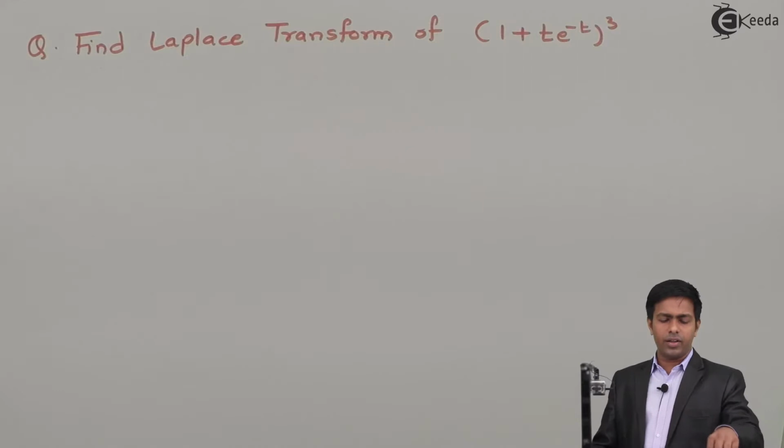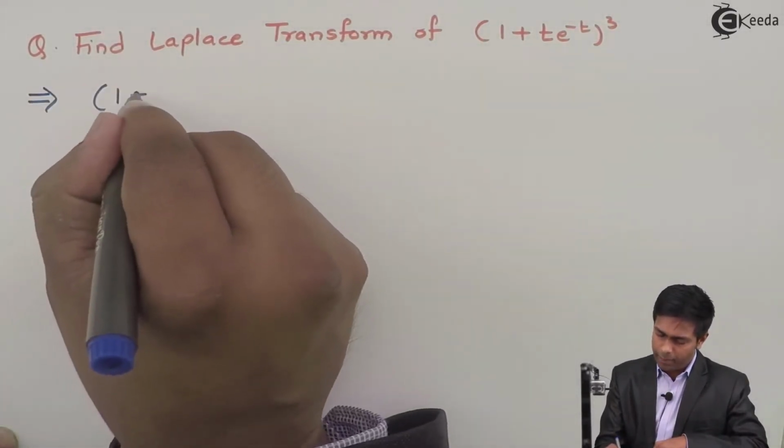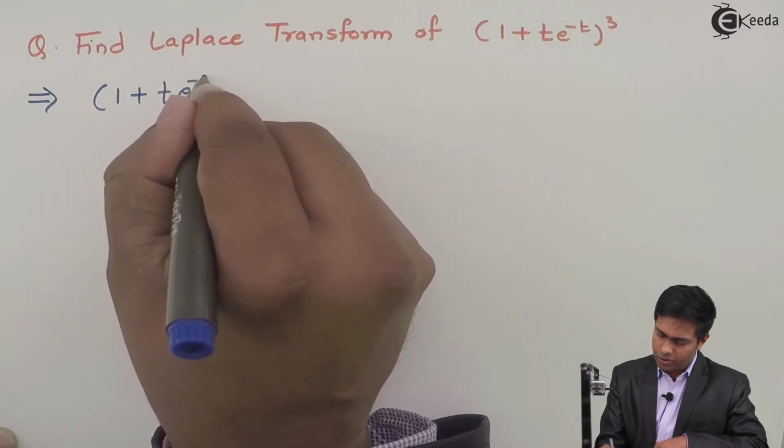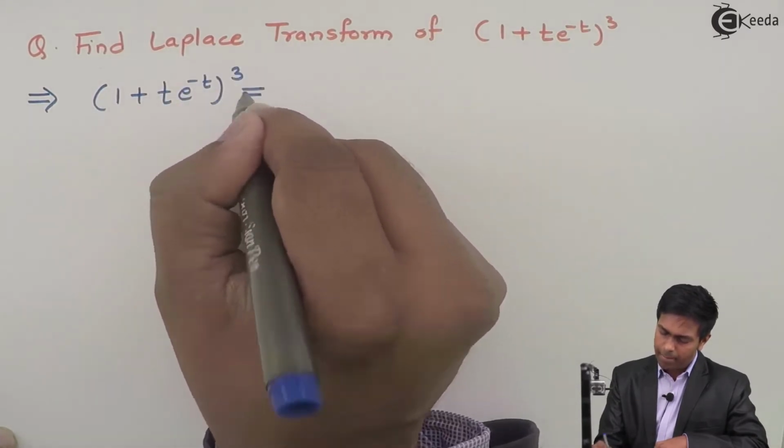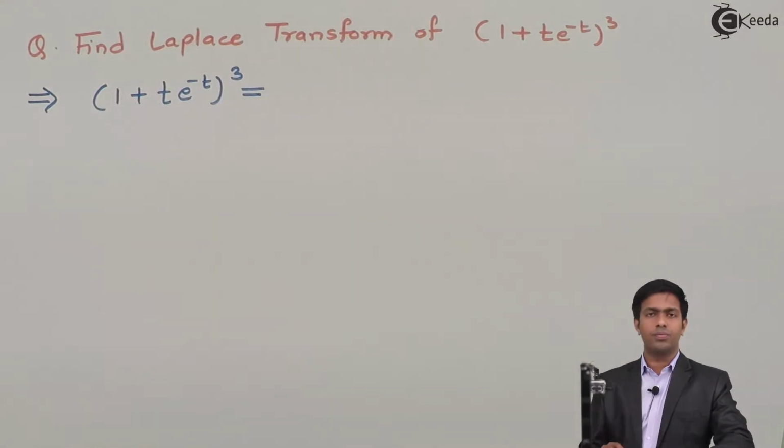So let's write down the function. So here it is, (1 plus t e raised to minus t) the whole cube. Now here I can apply the formula of (a plus b) the whole cube.